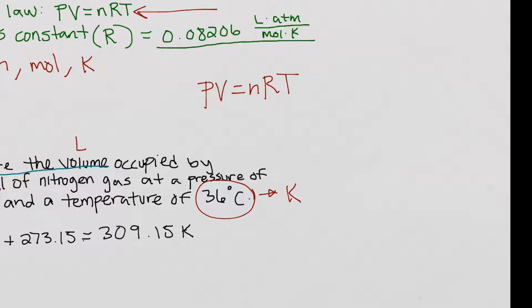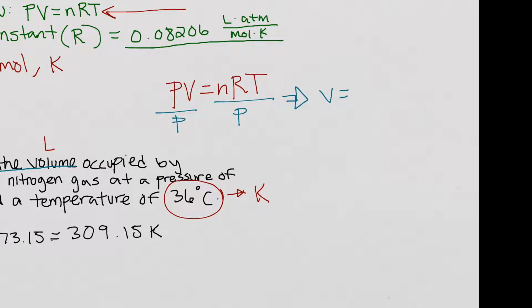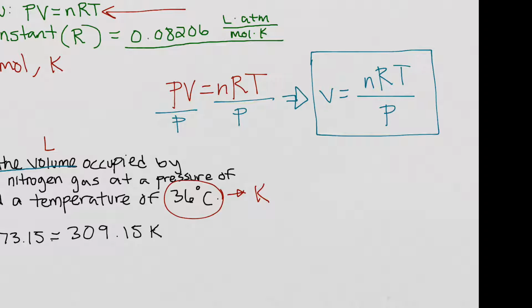We're solving for volume. So what we need to do, we're going to divide P to both sides, and that's going to give us V equals nRT over P. So this is the format of the equation that we're going to be using.